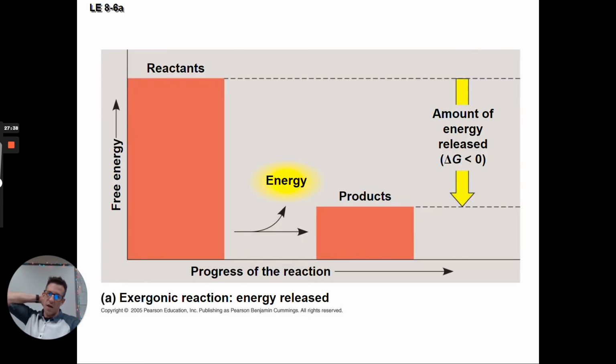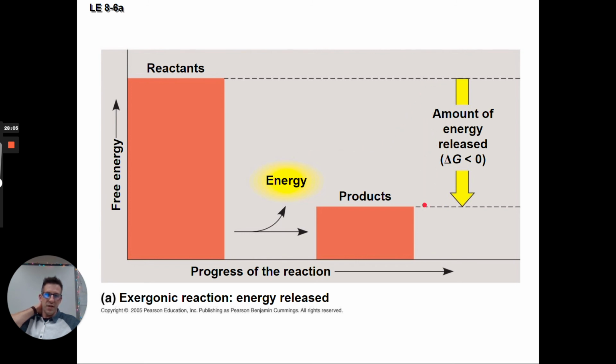This is a graph showing you the amount of energy associated with the reactants of a chemical reaction. In this case, there's a large amount of energy associated with these reactants. And when these reactants turn into products, which we see happen right here in this chemical reaction, energy is released.